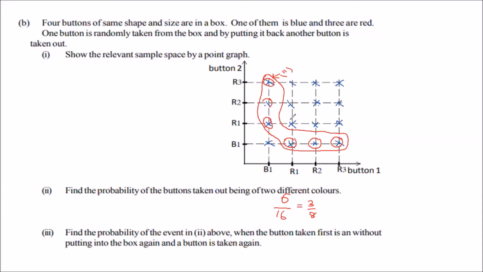So in the second experiment, this R1 is not in the box. So the probability, except these 4, is 6/12.